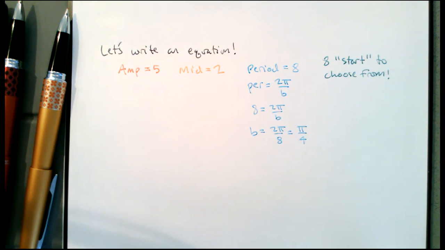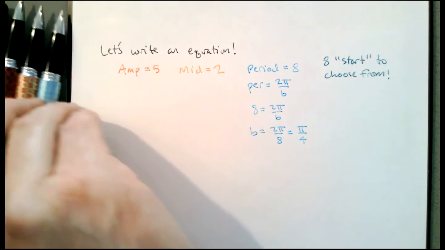Now we've got 8 starts to choose from. So I got to pick just any one of those points, A through H. I'm going to say that's where I'm going to consider the start. That will determine the horizontal shift and whether we're using plus or minus, sine or cosine.